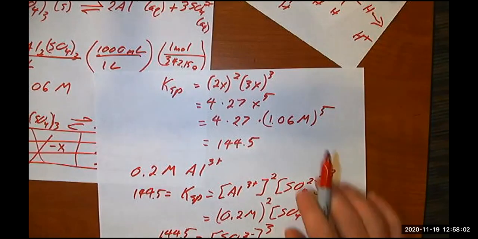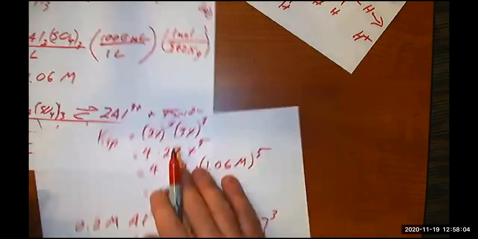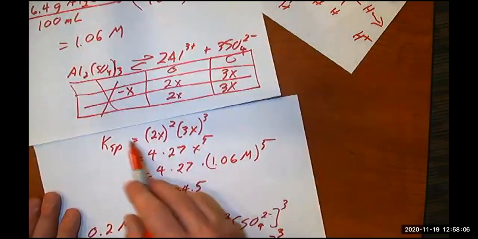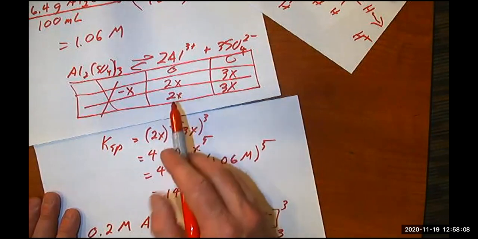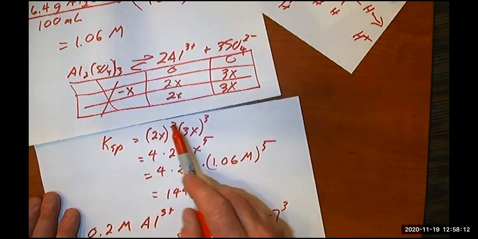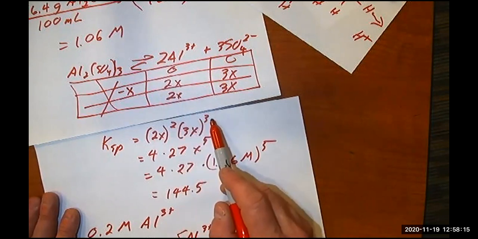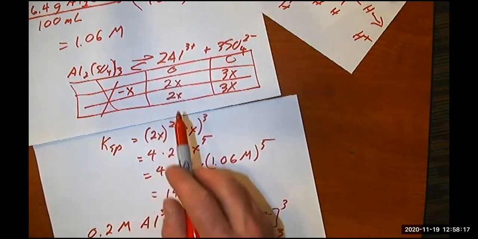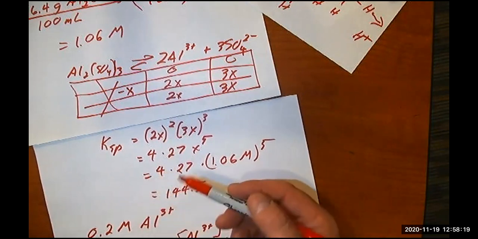I think this comes from the discomfort with this kind of expression here, where it feels like we're using the 2 coefficient in 2 different places and the 3 in 2 different places here, because they're coming from different things.